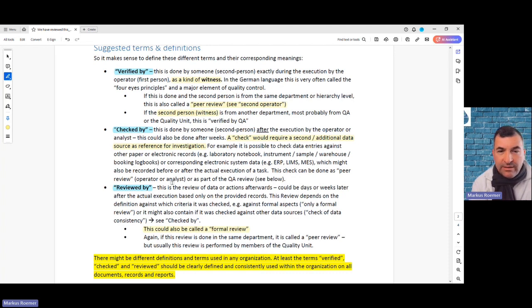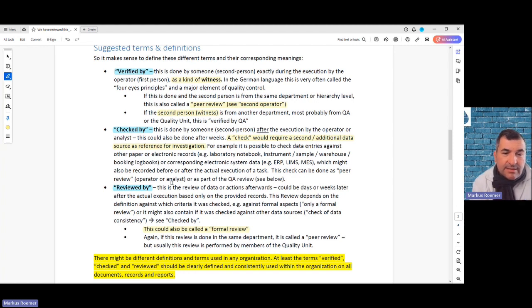Usually you do that to avoid a conflict of interest. There are different steps that you can do. There's not always a wrong and right, and you should define that on a risk-based and critical thinking of the process.